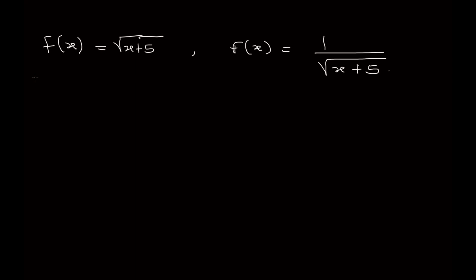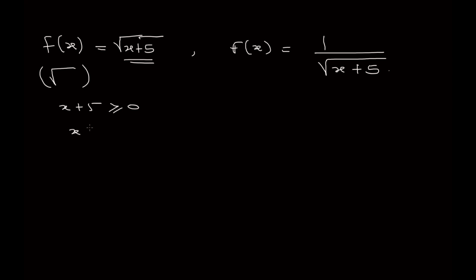So again, here we're looking at the radical sign. If you have the radical sign, we don't want anything inside here that's less than 0. So what do we do here? We say that x plus 5, and we have to be very careful, is greater or equal to 0, because if we put 0 there, the function works.